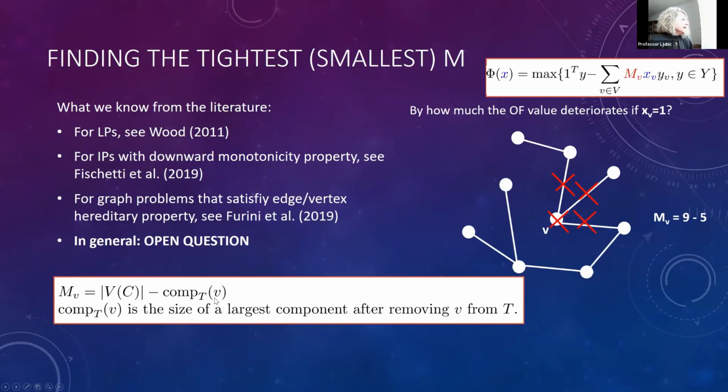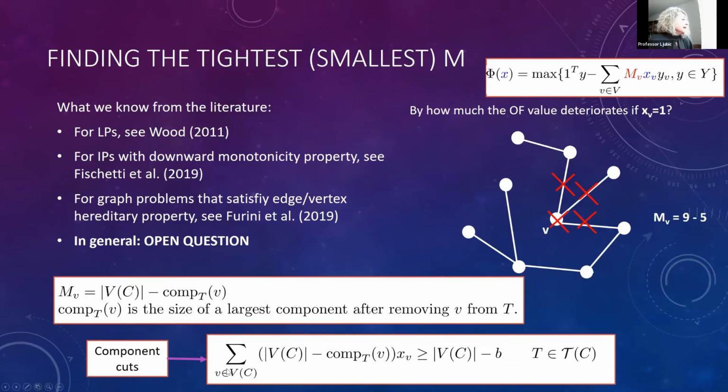And so we got slightly tighter cuts than by just putting arbitrary big M values into these cuts. And this is what comes as a formula. And now here, what you can see is that we are imposing these cuts for any t from T of C. So what is this notation? Whenever we have a connected component larger than B, so that the right-hand side is greater or equal than 1, then we look at an arbitrary spanning tree of this component.